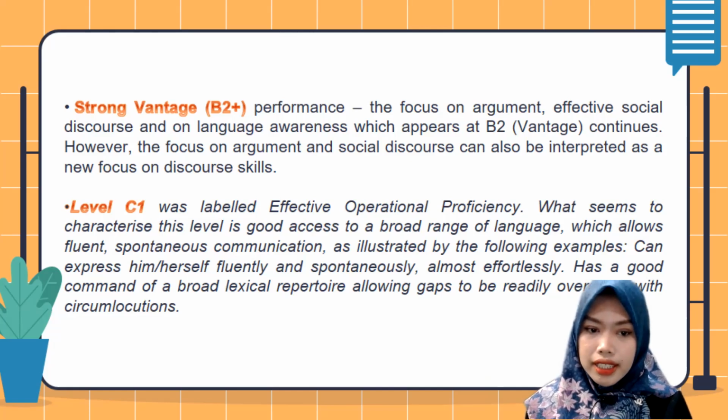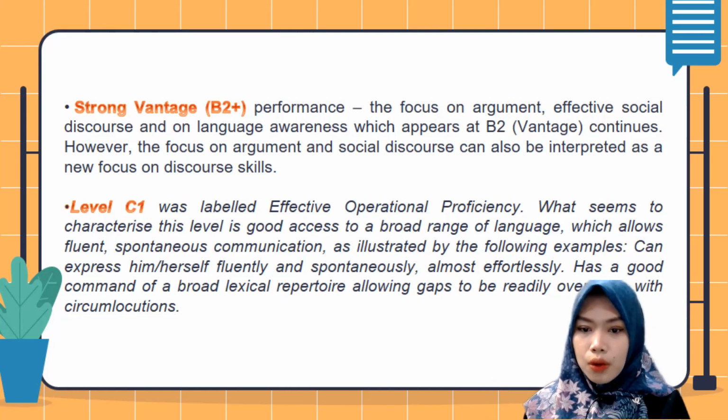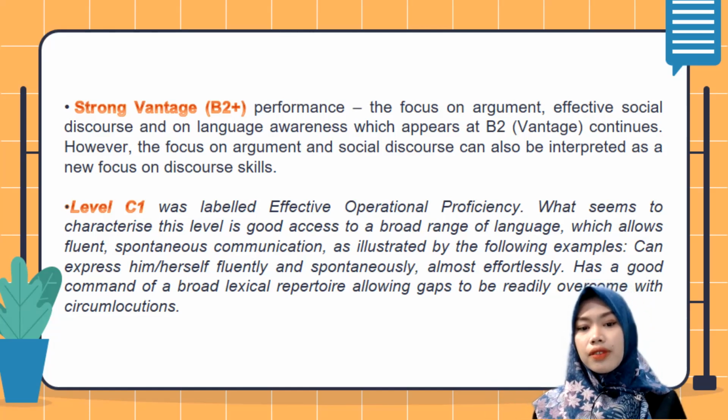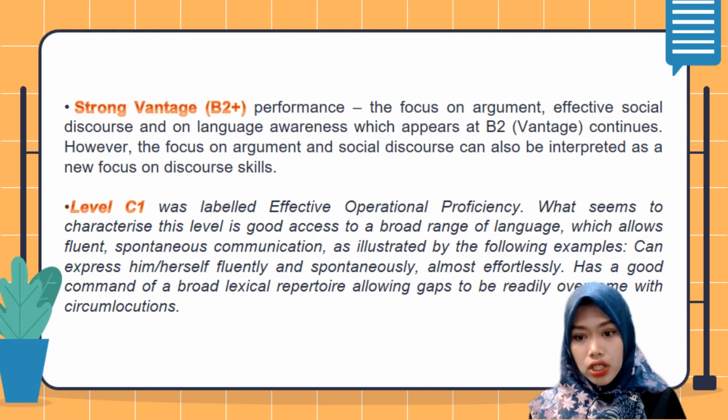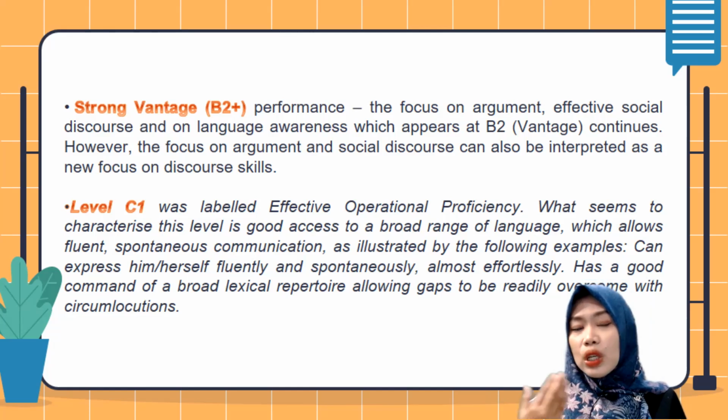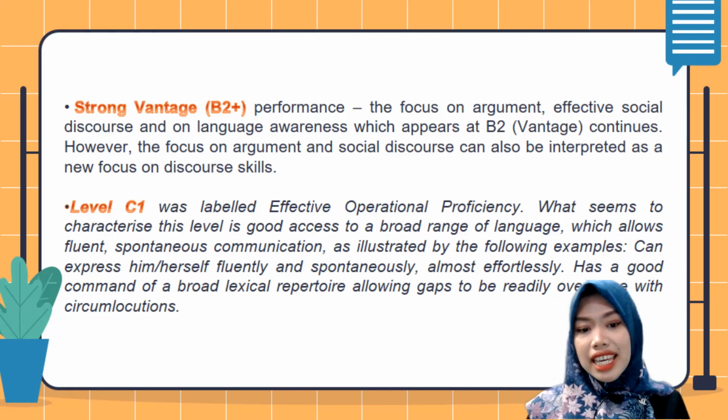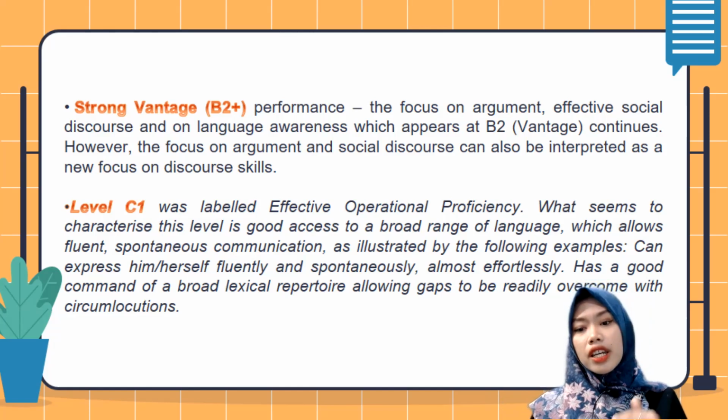And then level C1 was labeled effective operational proficiency. What seems to characterize this level is good access to a broad range of language, which allows fluent, spontaneous communication, as illustrated by the following example.